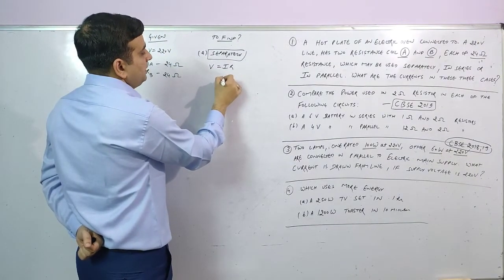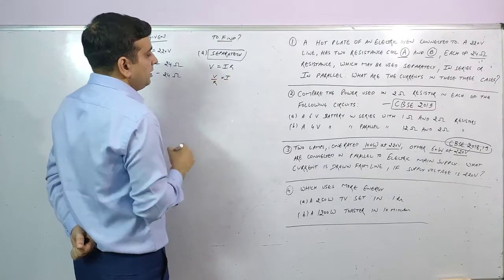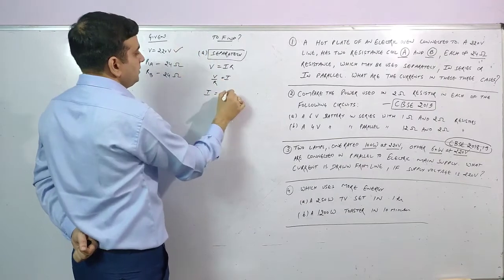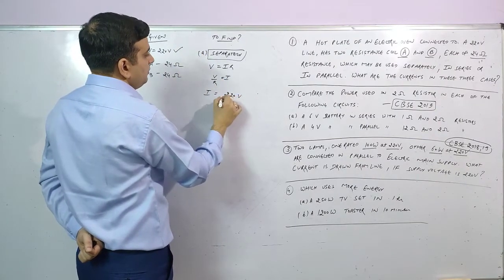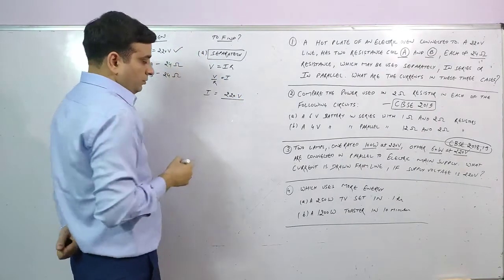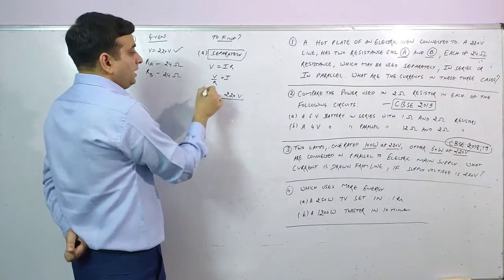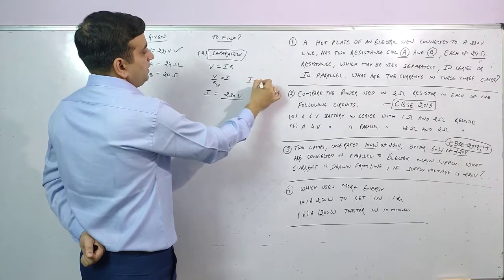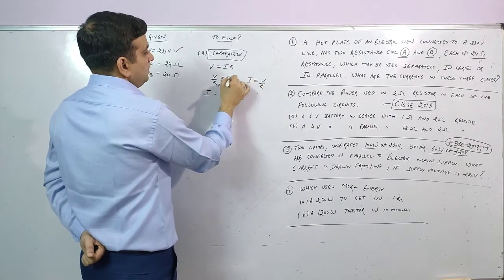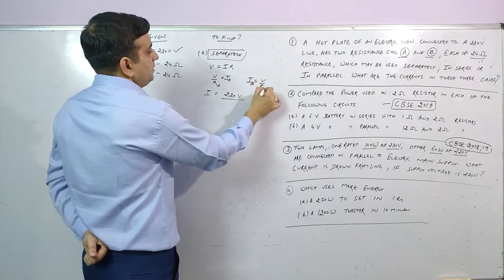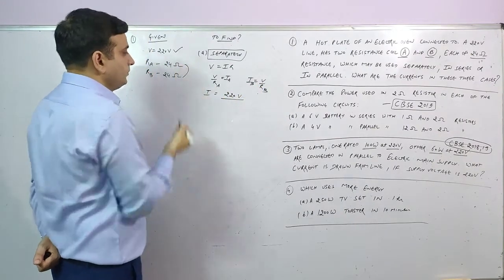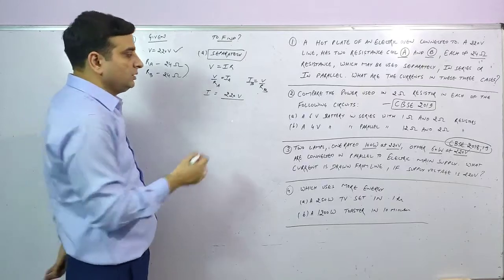I. So I is equal to V by R. What is the potential difference? 220 volt. Why am I writing only R? You can write RA, or for the second one V is equal to IB times RB. Now RA and RB are both the same, that is why I am directly solving for both cases.